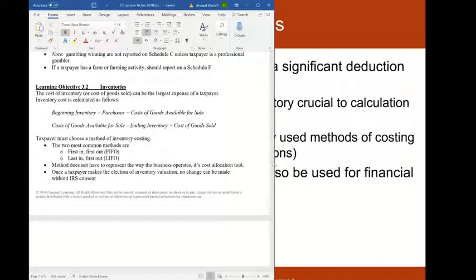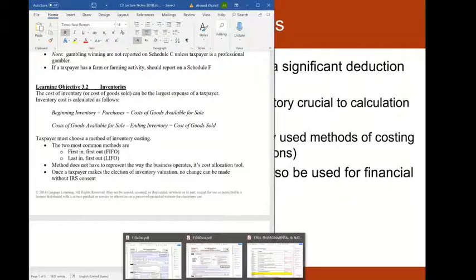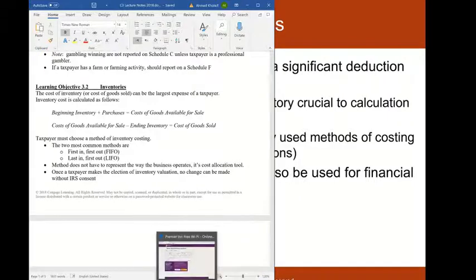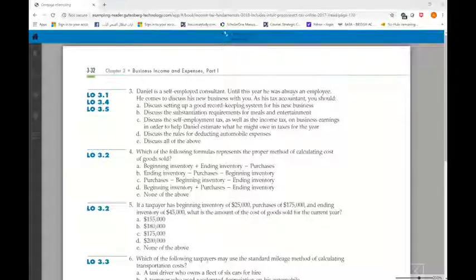So we have some questions on this specific issue. We have multiple choice question 4 and 5.